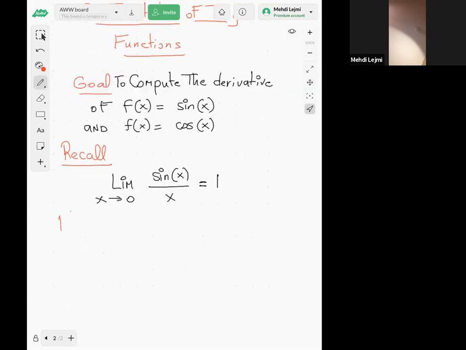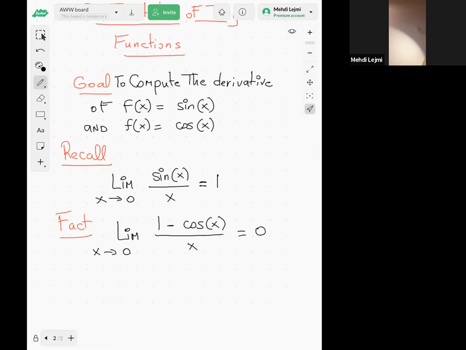Here, fact. If we have cosine, then I claim that the limit as x goes to 0 of 1 minus cosine of x over x is going to be equal to 0.